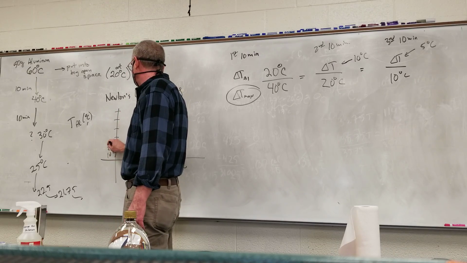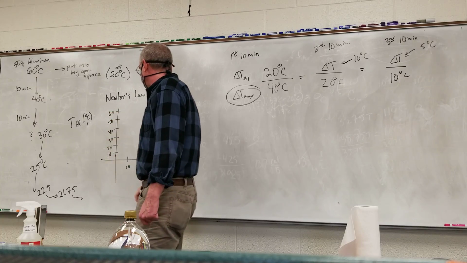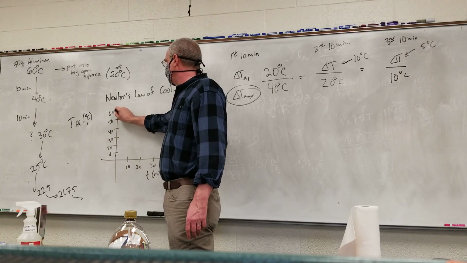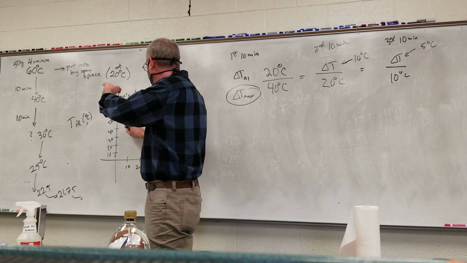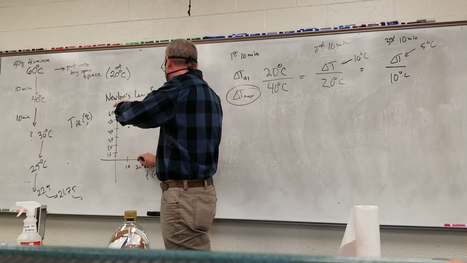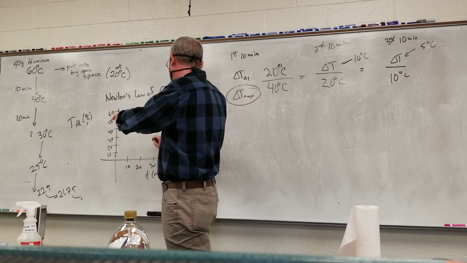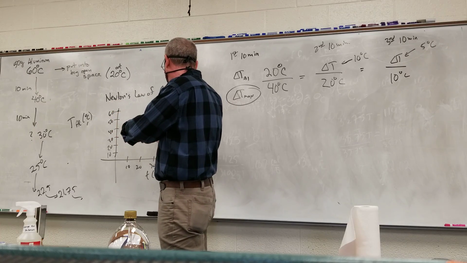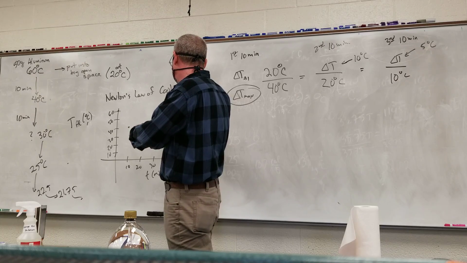At some point, I'll just give it up. So at time 0, it's at 60 degrees Celsius. At 10 minutes, it's at 40 degrees Celsius. At 20 minutes, it's at 30. 30 minutes, it's at 25. 40 minutes, it's 22 and a half.